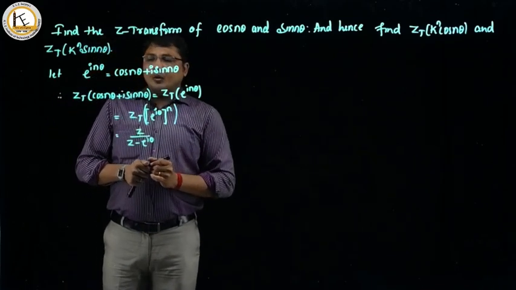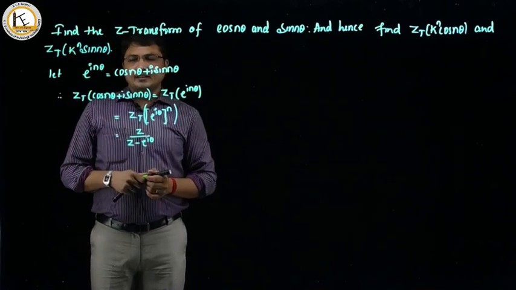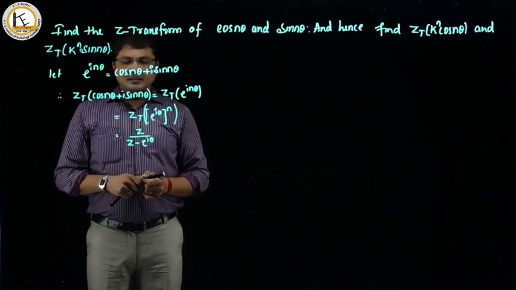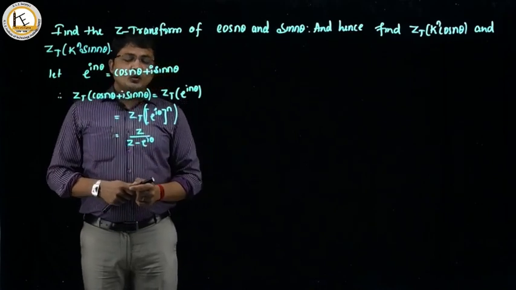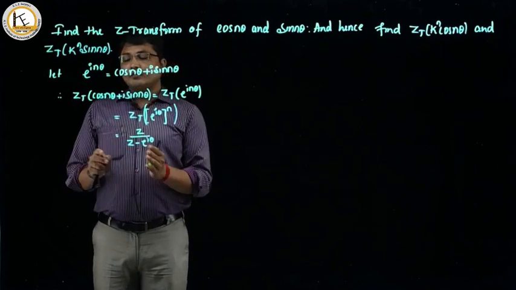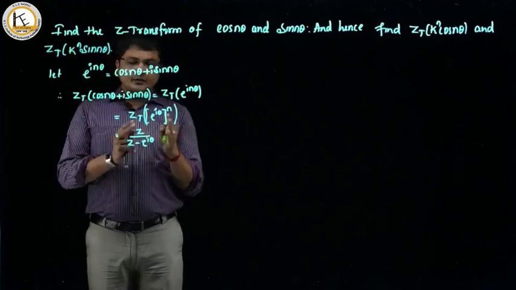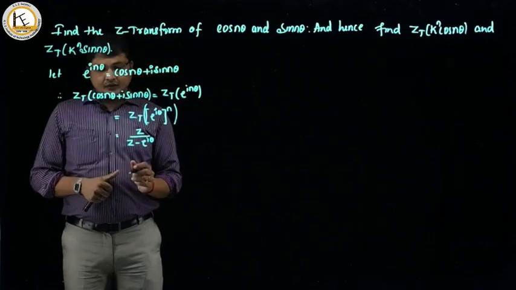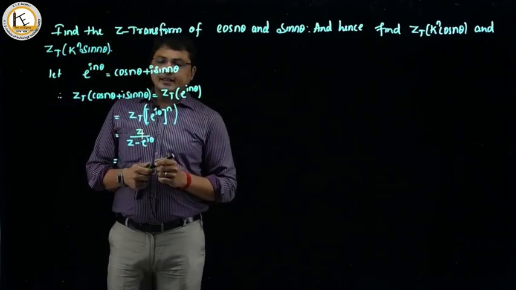So now at the left hand side we have cos n theta plus i sin n theta, and we know that cos n theta is the real part and sin n theta is the imaginary part. So now at the right hand side also we try to get the real part as well as the imaginary part, so that we can equate the real part and imaginary part from the left hand side as well as the right hand side and then get the Z transform. So how do we get the real and imaginary parts at the right hand side?